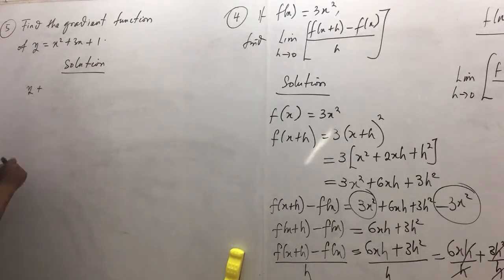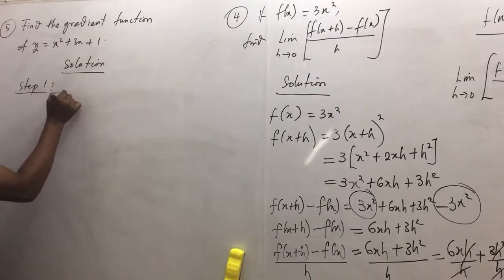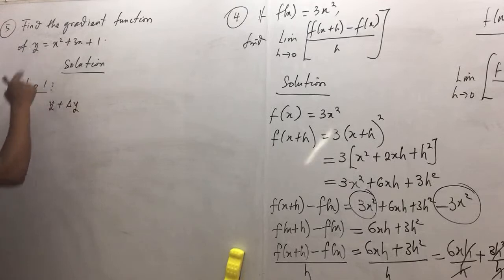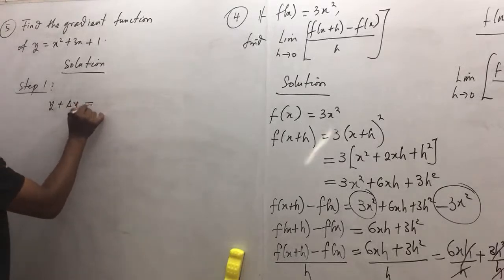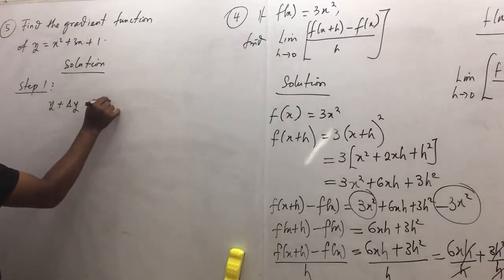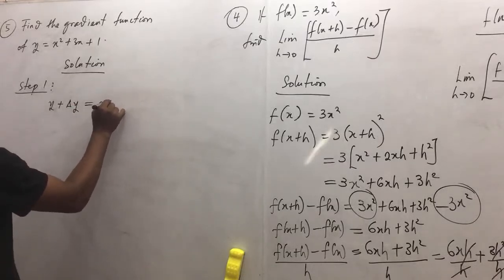The first step I'm going to take in solving this problem, I could use another procedure I'm going to show you. Now, the first step I'll do is this. I'm going to increase my dependent variable by a small change in y. And that would mean changing x, x plus change in x all squared.